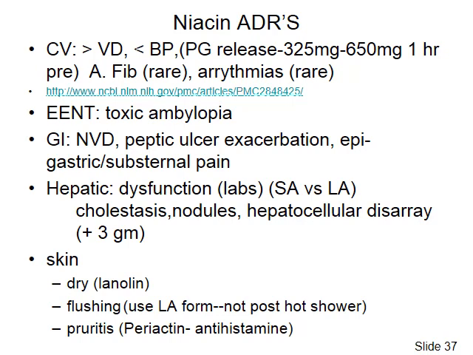GI effects include typical nausea, vomiting, diarrhea. Maybe about 1 to 3% of the patients will develop one of those, or more than one. But exacerbation of peptic ulcer is an important adverse effect associated with niacin, and epigastric pain may be due, in fact, to the aspirin more than the niacin, but these events have been reported.